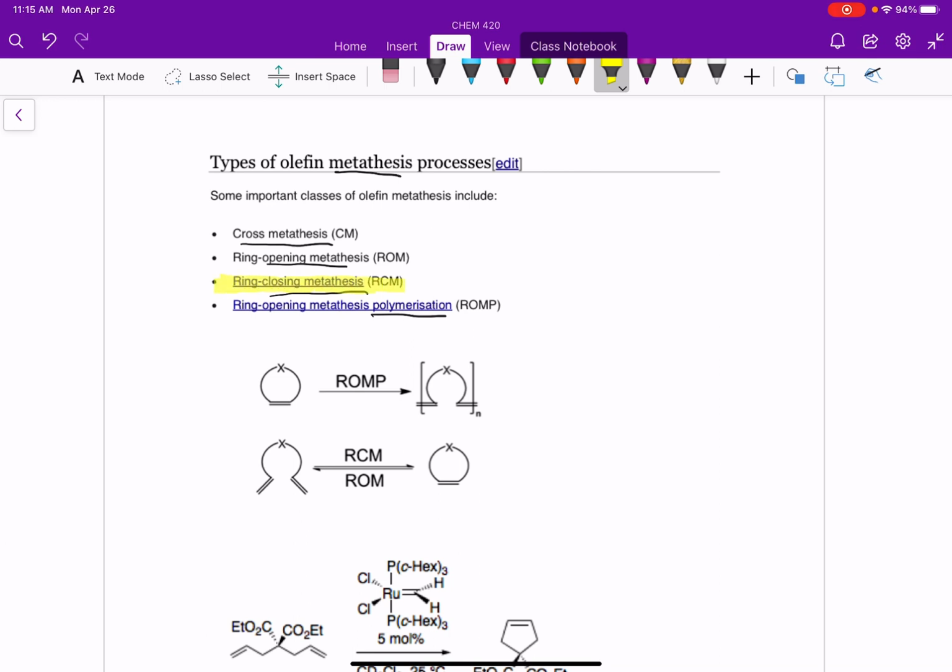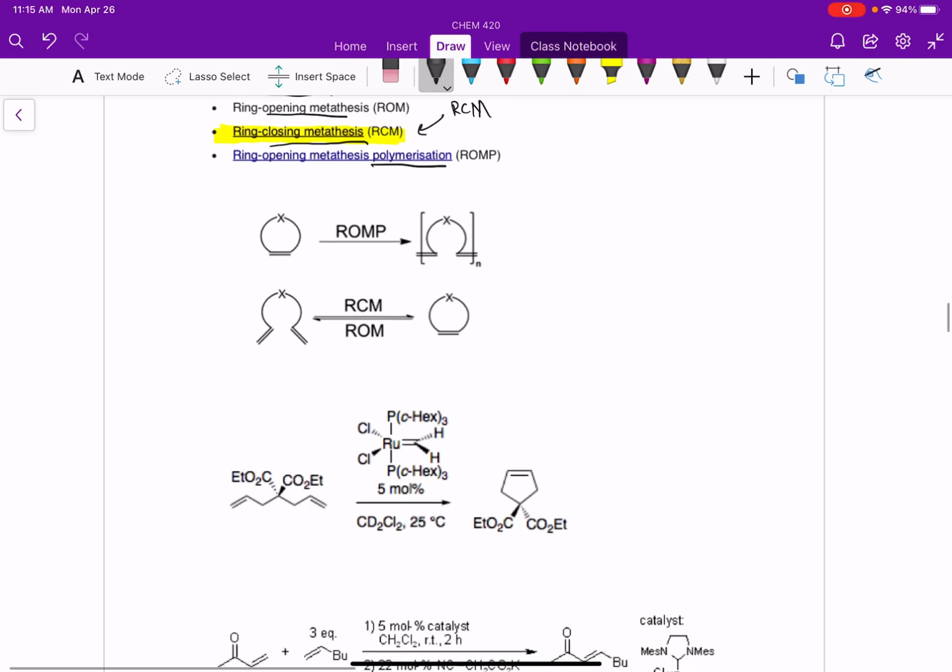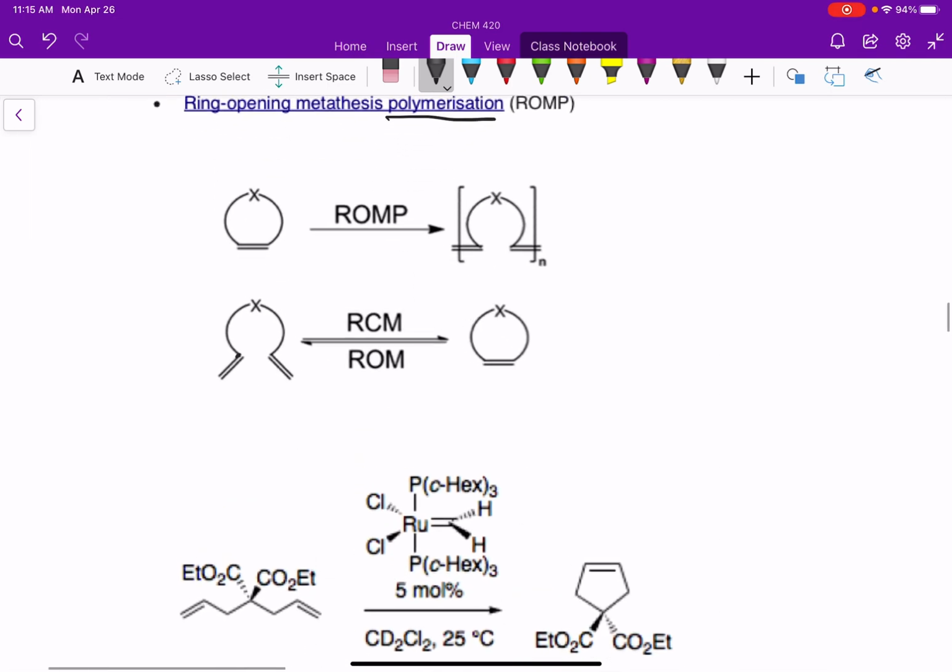That's really the most common way this is used. So we'll be focusing on ring closing metathesis, RCM. All right. And in this compound here, you're coupling two alkenes together, but you lose those carbons. You're losing two carbons in this reaction.